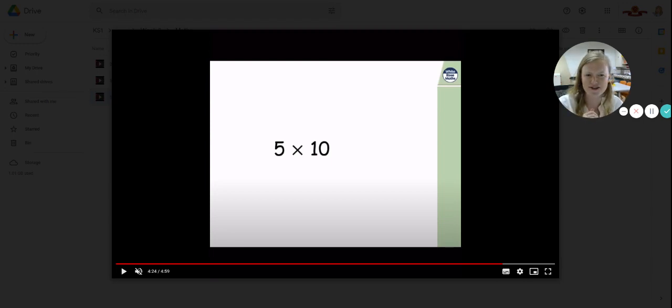We did our 5 times tables yesterday. Could we count in 5s? Could we swap it around? We'd have to do it 10 times, wouldn't we? 5, 10, 15, 20, 25, 30, 35, 40, 45, 50. So 10 times 5 is the same as 5 times 10. And yeah, we're right. The answer is 50.